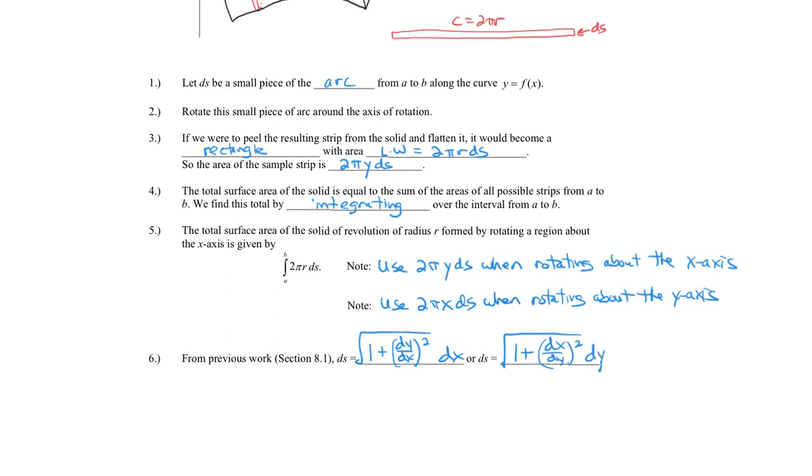And if you remember, we used this one when y was a function of x, and we used this one when x was a function of y. So you have two different versions of ds, and it turns out we'll be able to use either one. So on the next page, we'll put these pieces together for the formulas.